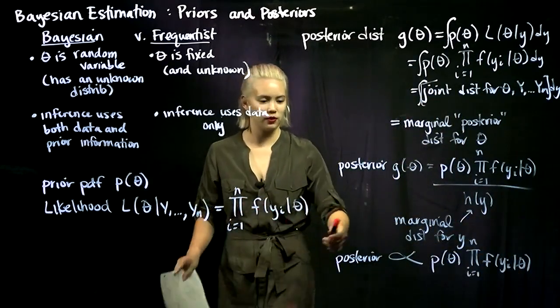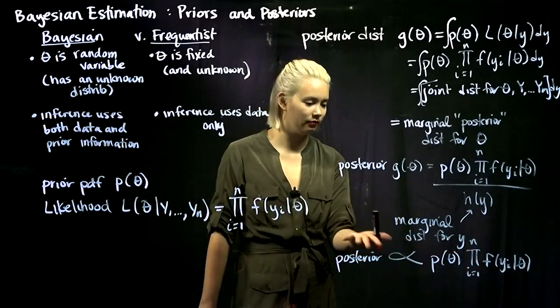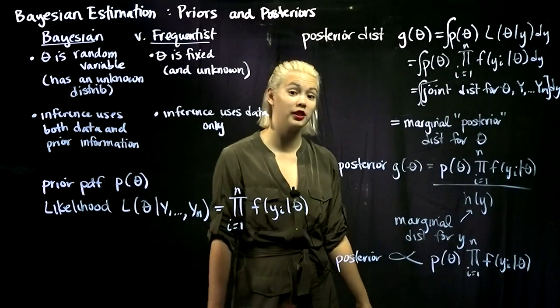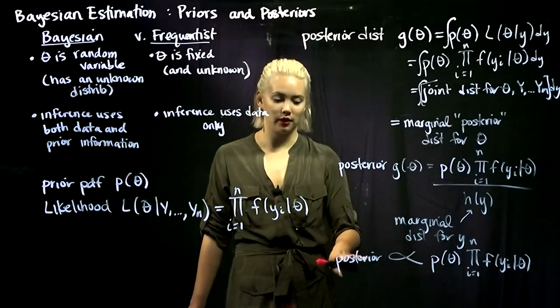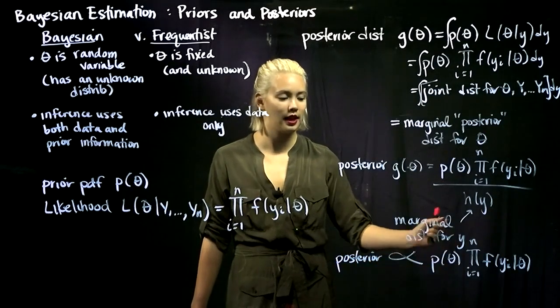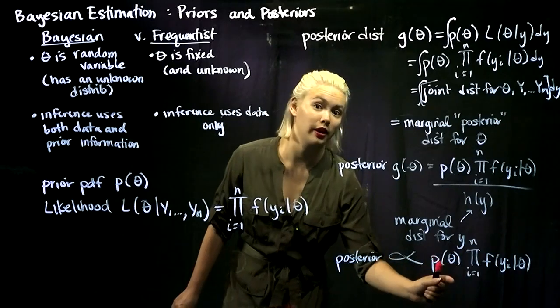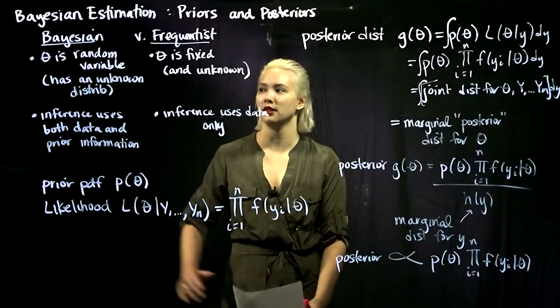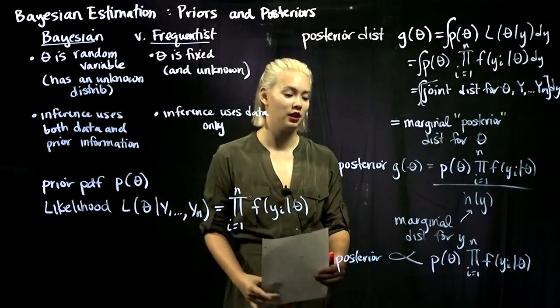Once we've gotten our posterior distribution, or something proportional to it, this is what we do all of our inference on. It makes sense because this has all of our data information and all of our prior information. Remember, Bayesian statistics is all about combining the prior information with the data to learn something.